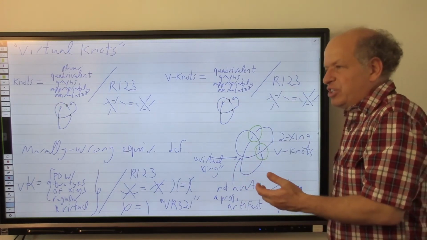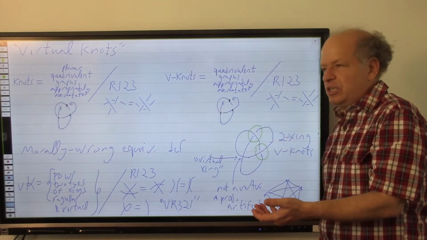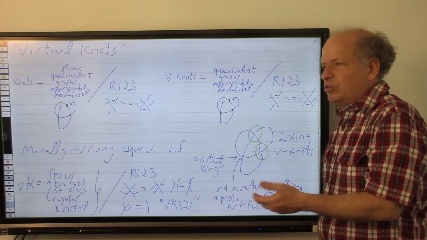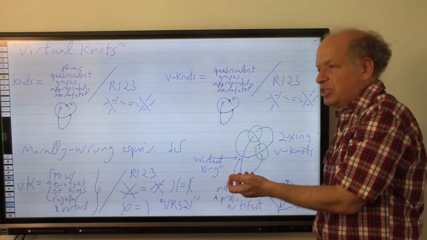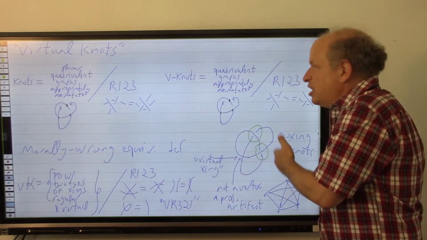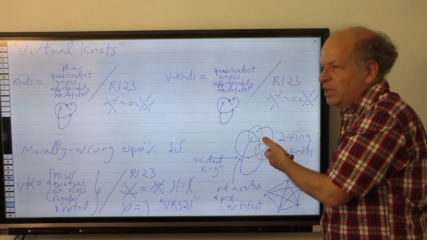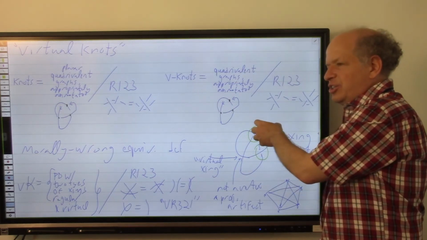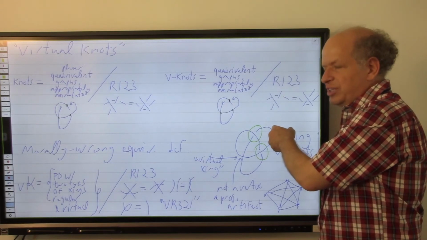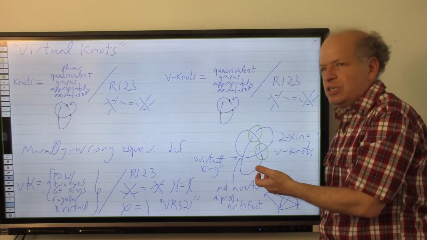However, there is a Wirtinger presentation. It's just one generator for each arc and some relations at the vertices, and it makes sense just as well for virtual knots. So many knot invariants actually extend to virtual knots, and in some sense their more natural domain of definition is virtual knots.